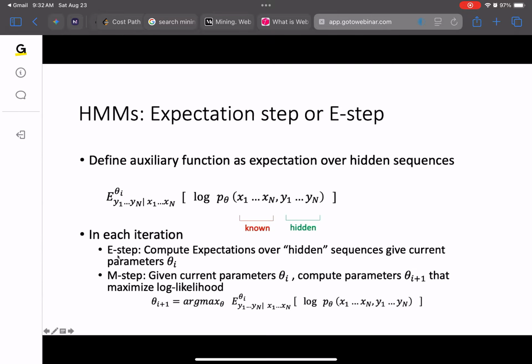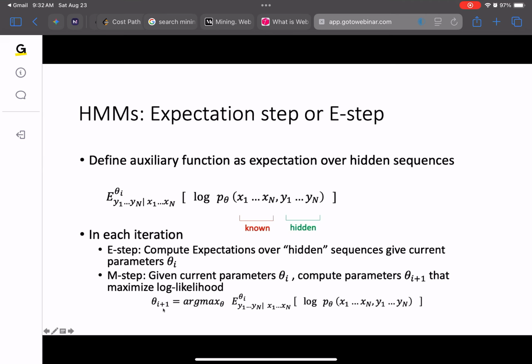In the expectation step, we compute the expectation over hidden sequences given the current parameter theta i. And once we compute the expectation of this expression, in the M step, given the current parameter theta i, we need to estimate theta i plus 1 by maximizing the log likelihood, which maximizes this expression.